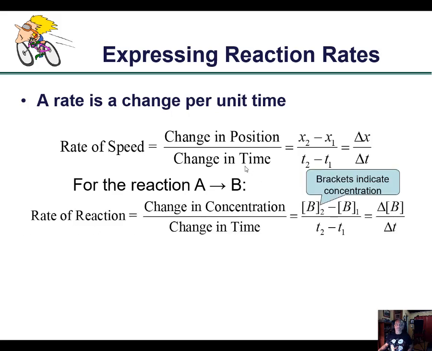So if we, for instance, are referencing just the formation of product, we'll have a reaction rate that says the change in concentration, typically brackets mean molarity, but it could be any unit of concentration, but it typically means molarity. And then divided by the change in time. We always express that as the final concentration at the end minus the initial concentration at the beginning, divided by the final time at the end minus the initial.